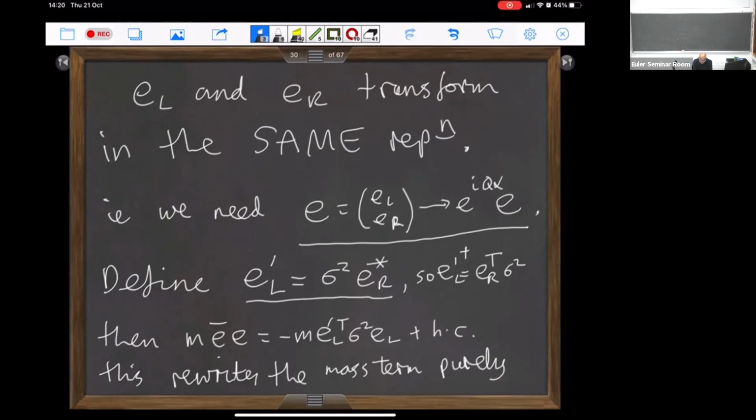So in other words, we take the right-handed field, take its complex conjugate, and then we multiply by sigma2 to get something which transforms appropriately under Lorentz transformations. And then you see that this rewrites everything in terms of purely left-handed fields.